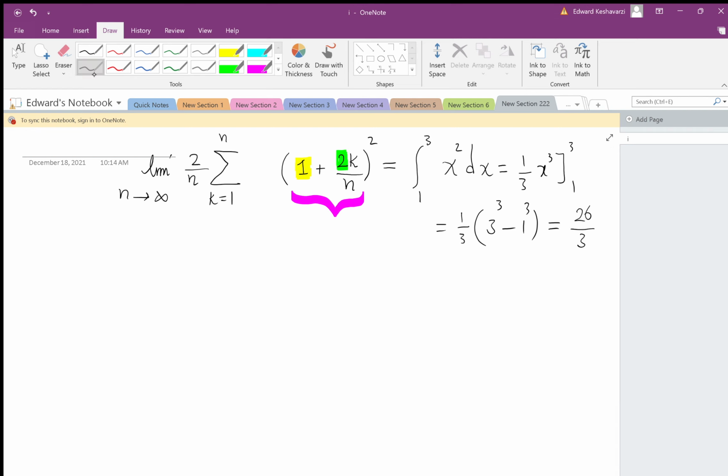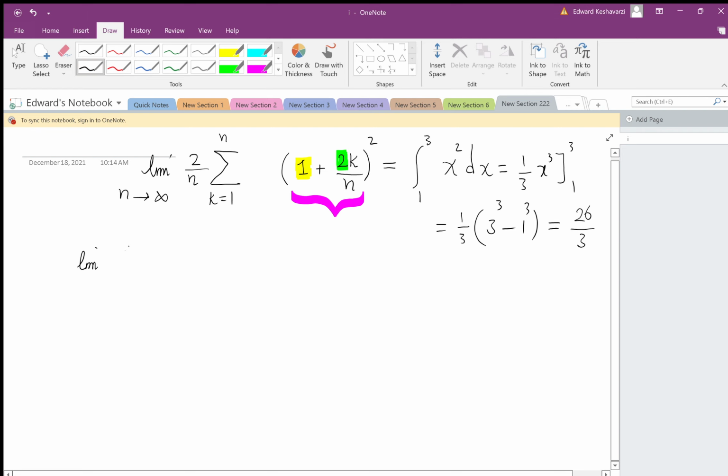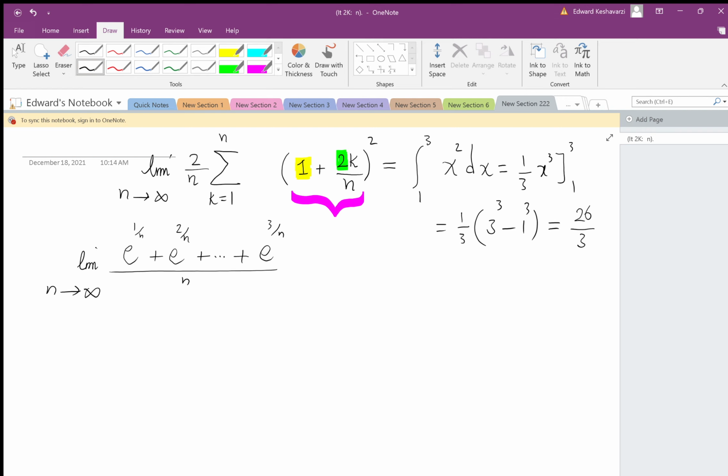Let's have another example. You are asked about this limit. The difference between this question and the questions that we have done so far is that there is no sigma here. So it is you who need to change this to sigma format.